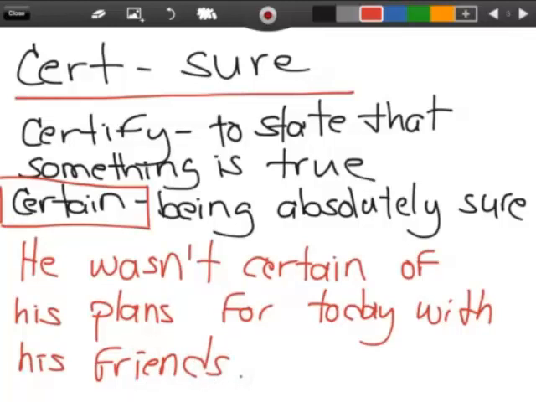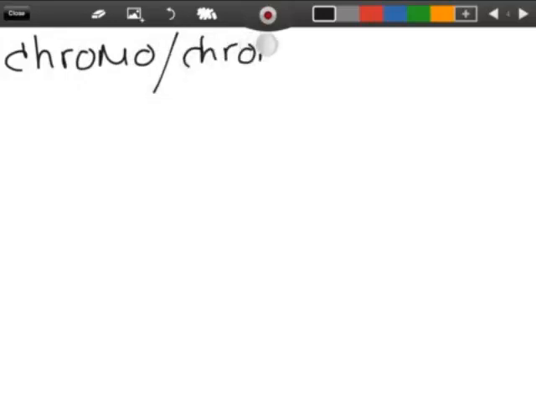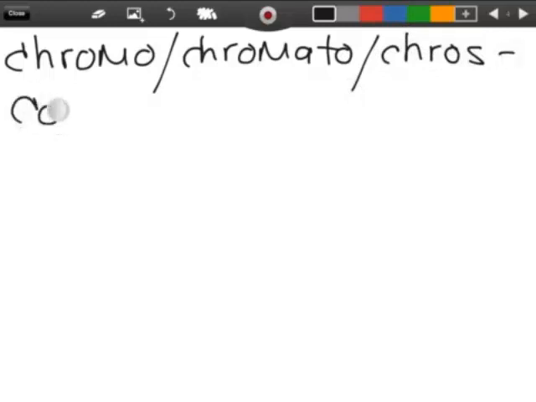Right, now let's move on to our next root. Oops, sorry about that, guys. Chromato, or chrom. And the meaning of this is color, pigment.